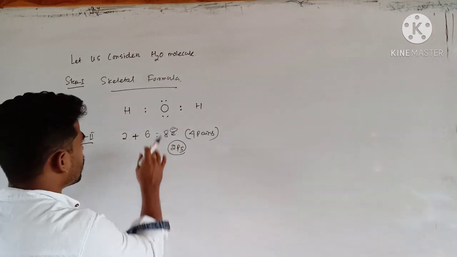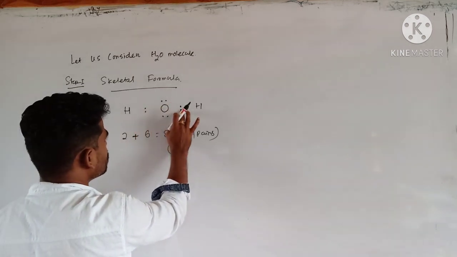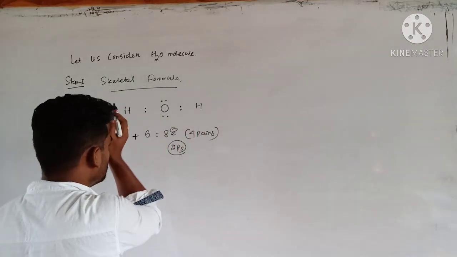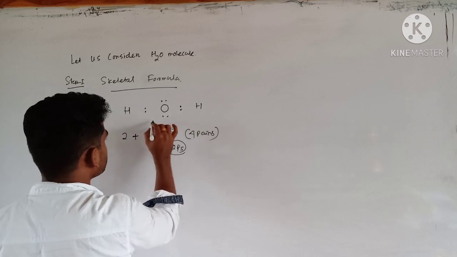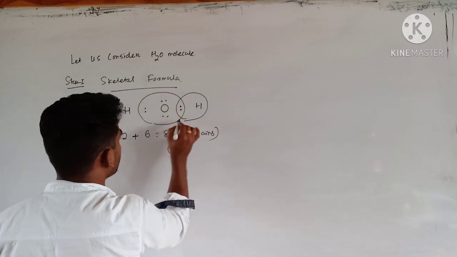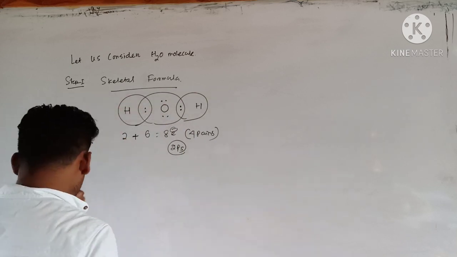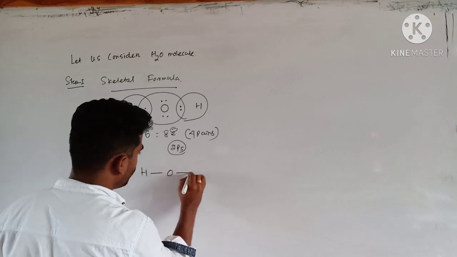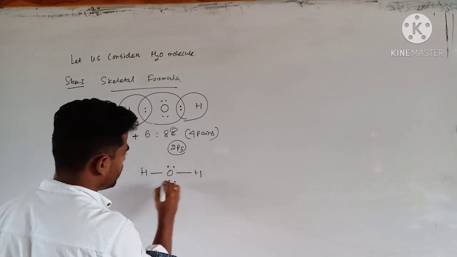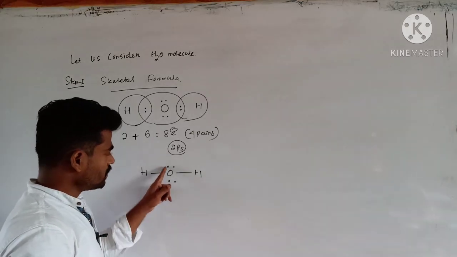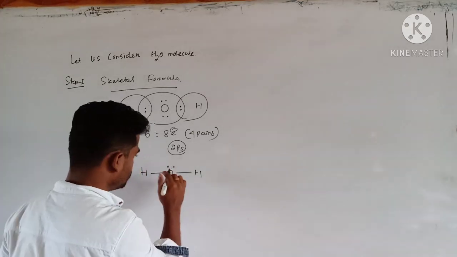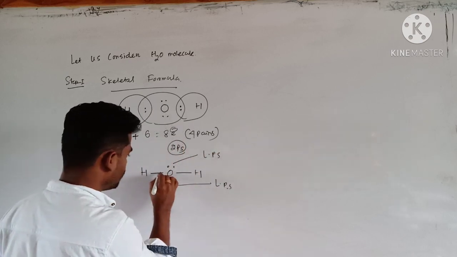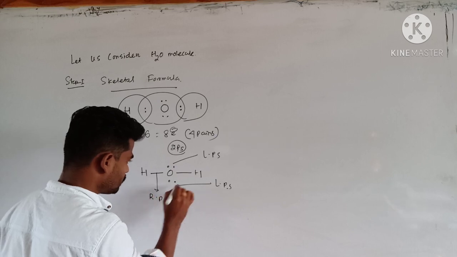Now for the oxygen atom you can calculate 2, 4, 6, 8 electrons, and hydrogen has 2. So the overlapping is like this. So here H, O, H and 2 pairs of electrons are there. These 2 pairs do not participate in bonding, so you can assume them as lone pairs, and here these two pairs are called bond pairs.